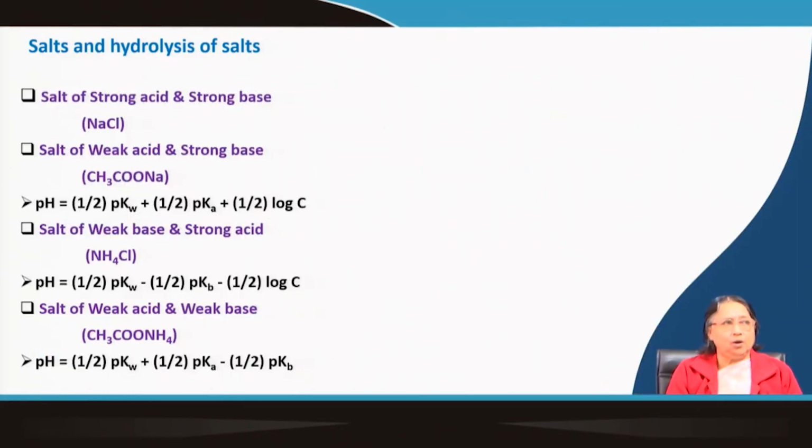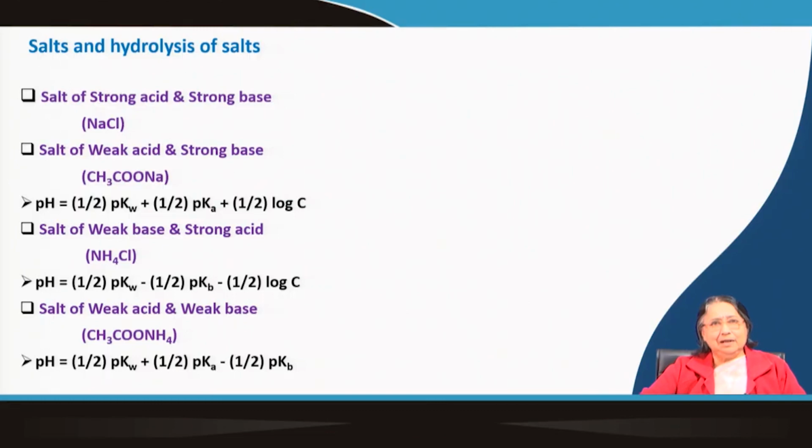All salts will hydrolyze. Some salts can give acidic character, some can give basic character, that much I told. But what is the formula that we can apply? When the salt comes from a strong acid and a strong base, for example NaCl, if you put some NaCl in water, what should be the pH?